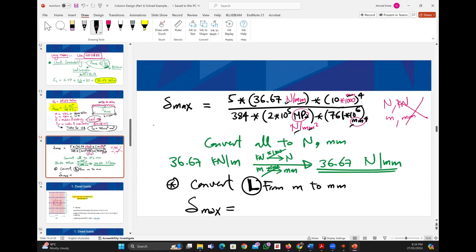So the final deflection is 31.37 millimeter. What is the unit of the final value of deflection? Meter or millimeter? Millimeter. Can it be meter?